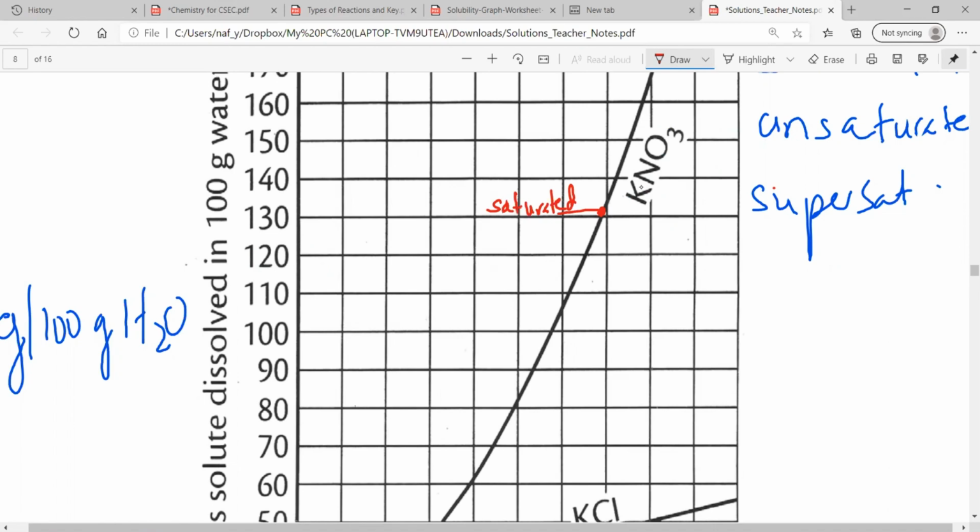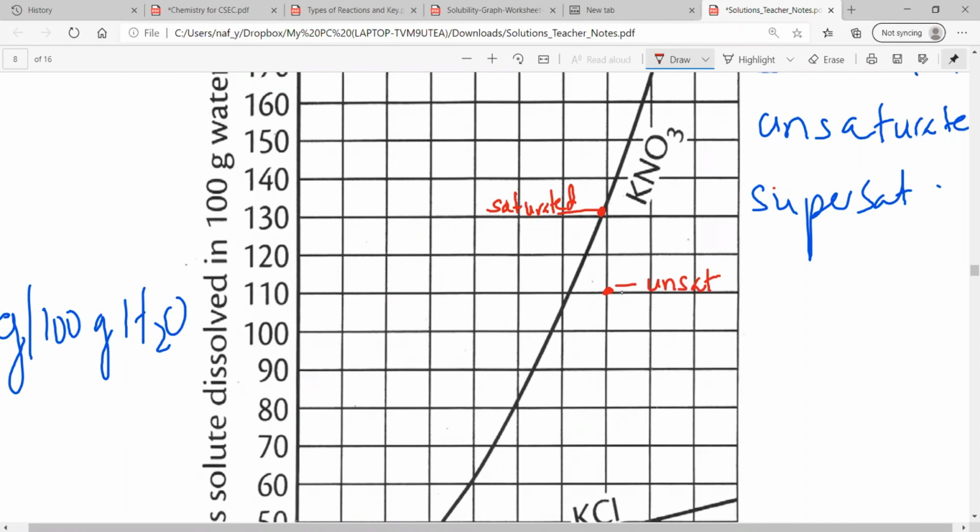If given the points and it falls below the line, so notice that this is my line, and when I plot my point, it is falling below the line. This tells me that I have an unsaturated solution.